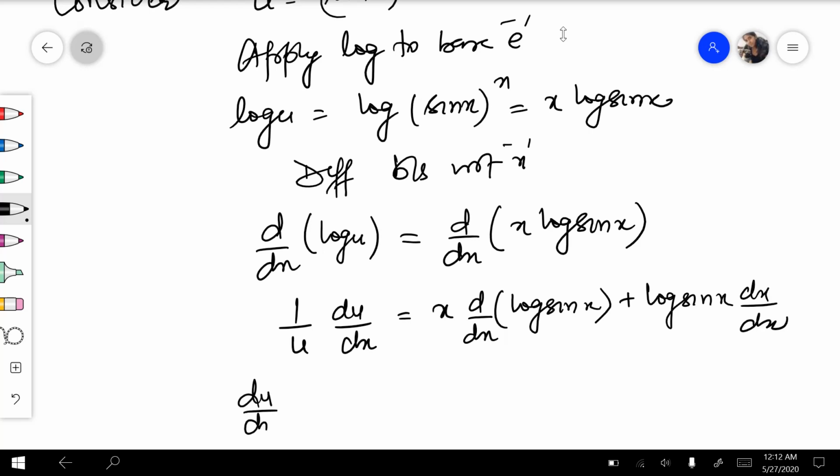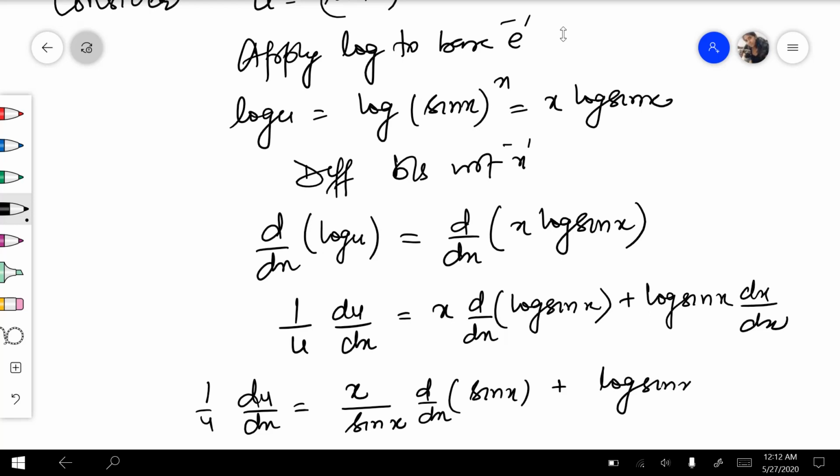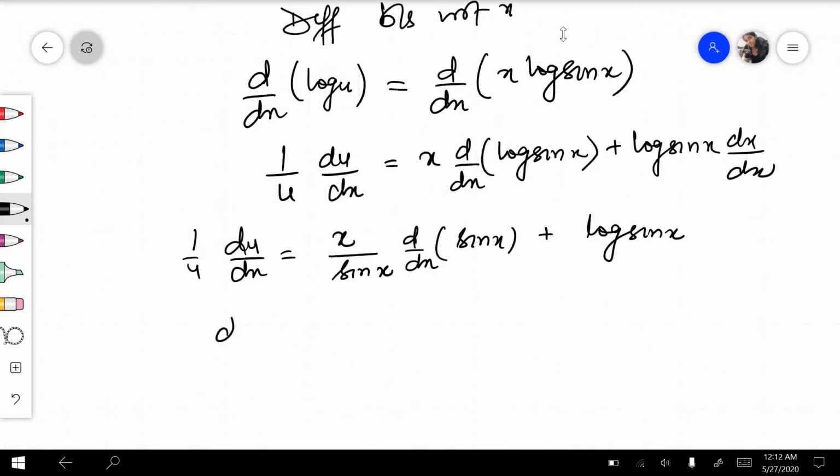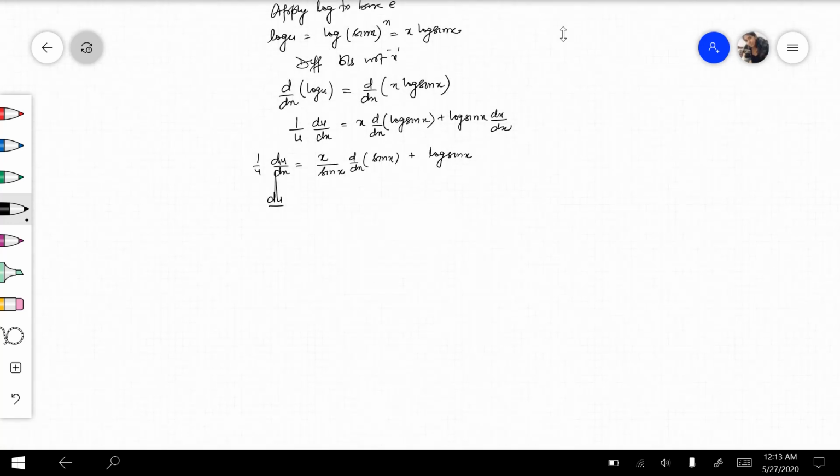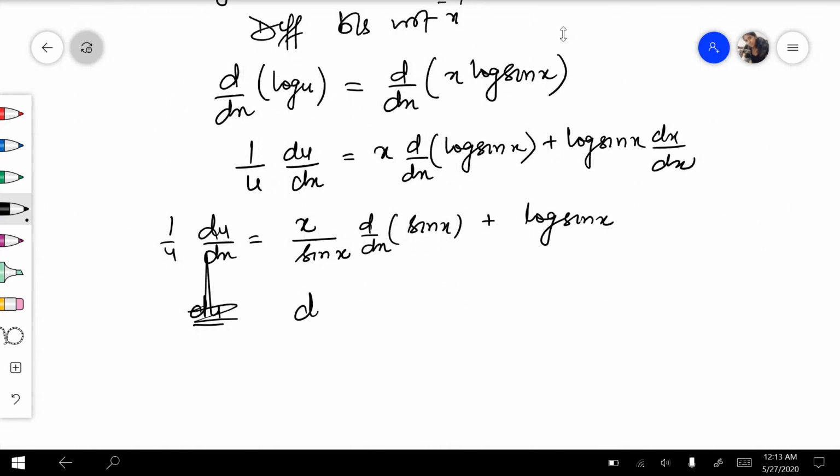That means du upon dx is equal to x, log का derivative 1 by sin x into d by dx of sin x, plus log of sin x. तो हमें du upon dx निकालना है. तो du upon dx is equal to u into sin x की differentiation cos upon sin is cot of x, plus log of sin of x.